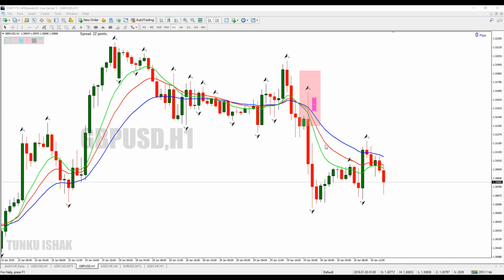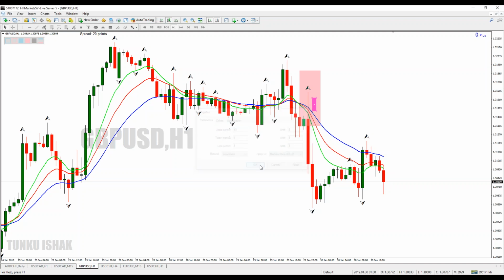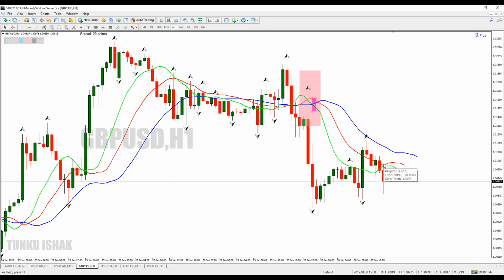So like this one, alligator, we set it back, so it gives us an idea where the direction is. Direction is downward. So this is my entry point. The entry point is this candle. Once it's closed, this is my entry point. So this is my stop loss above the previous.